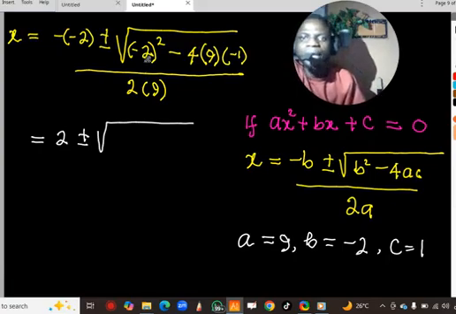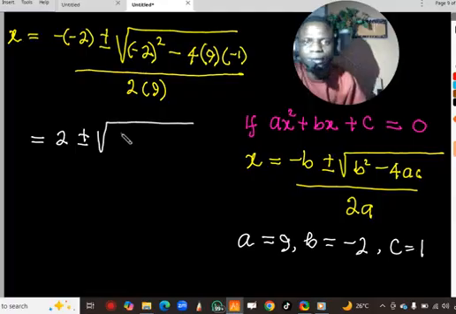So negative 2 all squared will give us 4. This is 4. Now this is negative 4 times negative 9, that is negative 36, multiplied by negative 1, which automatically gives us positive 36.